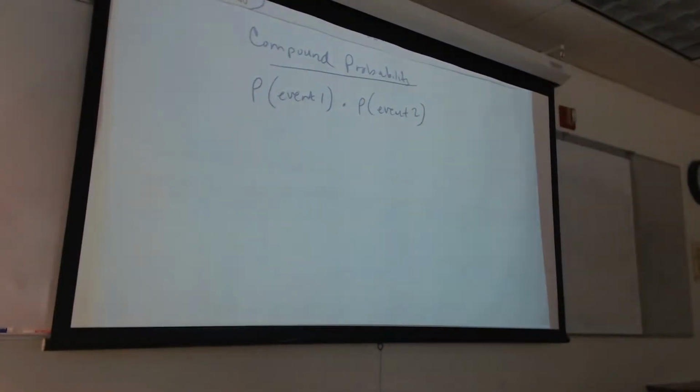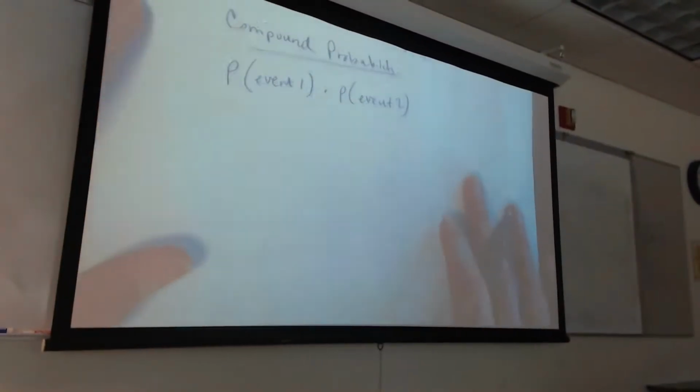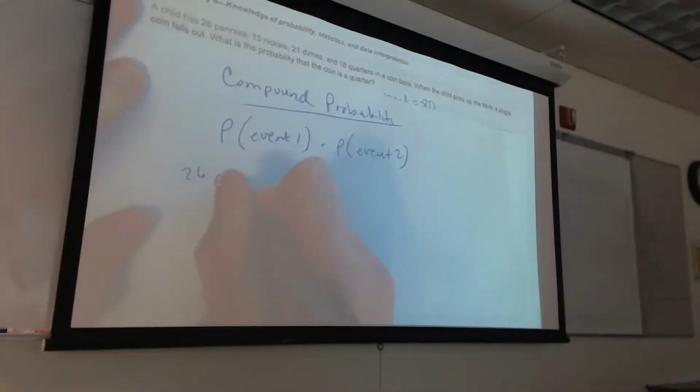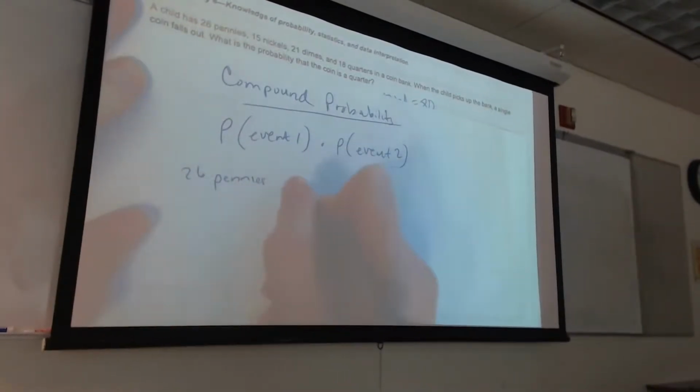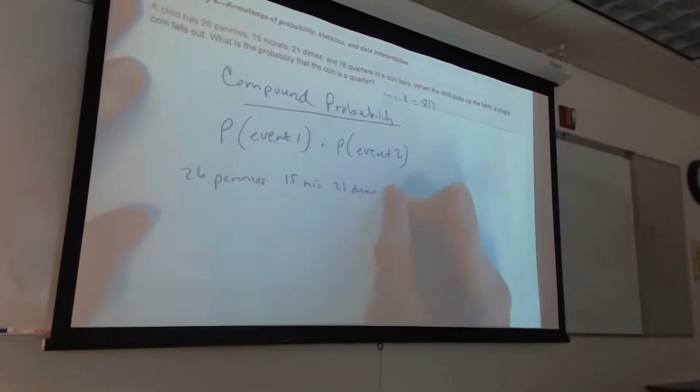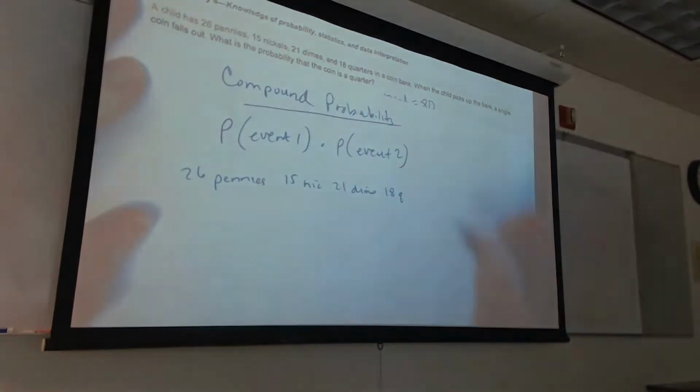So say I have this same group of coins. I have 26 pennies, 15 nickels, 21 dimes, and 18 quarters. So again, 80 coins.